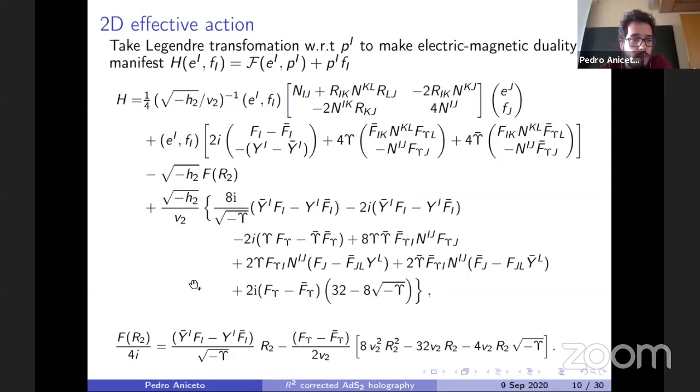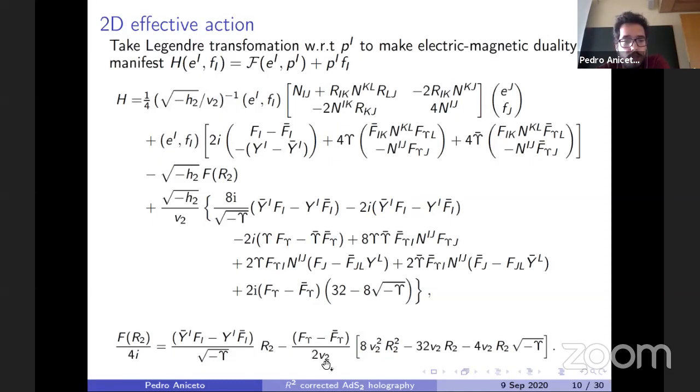For the polynomial in R, we have here the Einstein-Hilbert term, and the extra terms that come from the R squared corrected terms. Things to point out here. First, how the holomorphic function f encodes these R squared terms. When we don't consider R squared interactions, we assume that the holomorphic function f doesn't depend on epsilon, but giving it a dependency on epsilon allows us to then see the R squared terms in this manner.